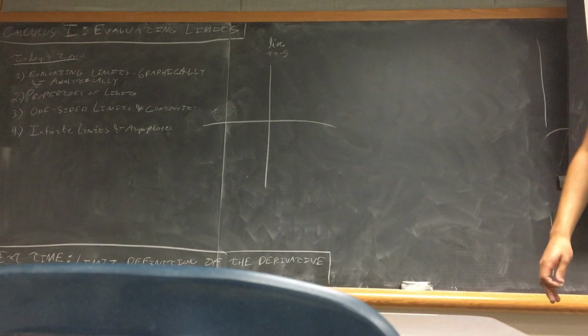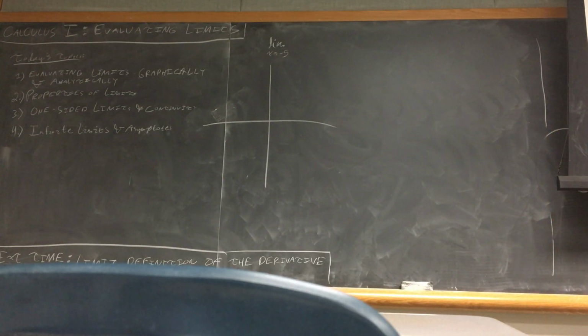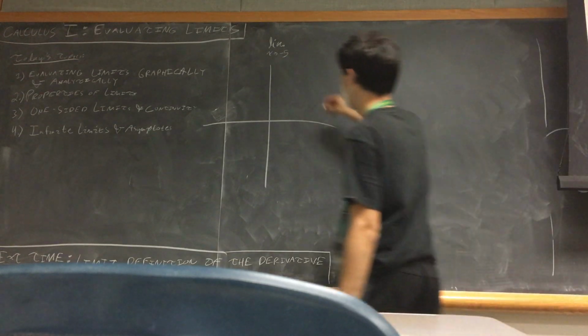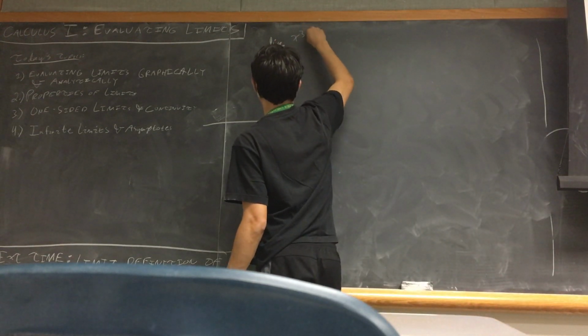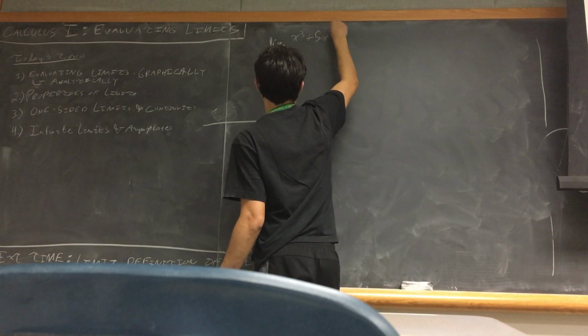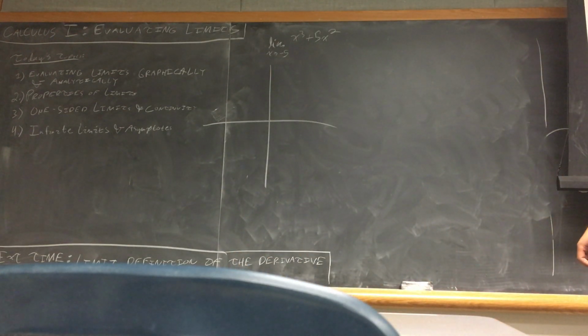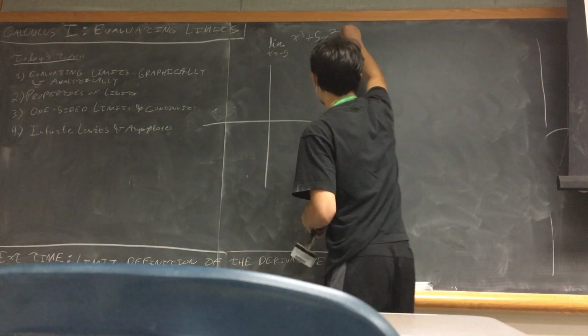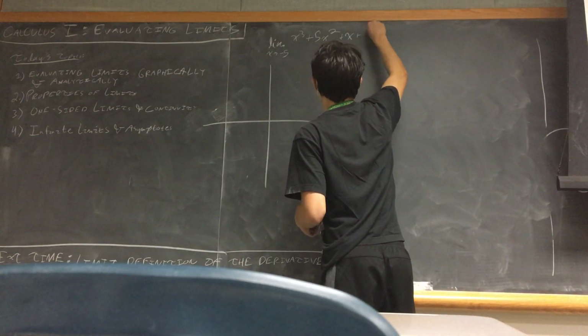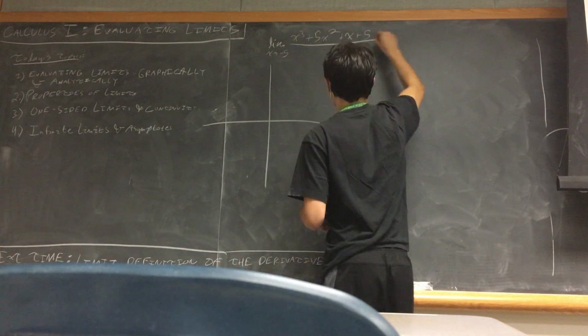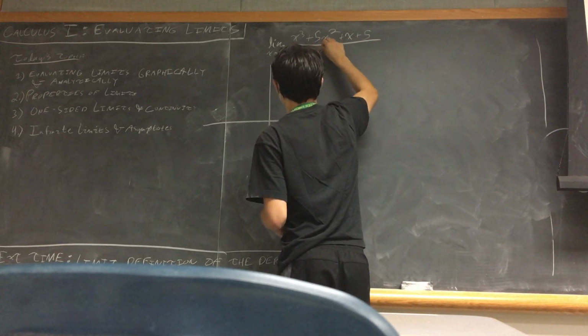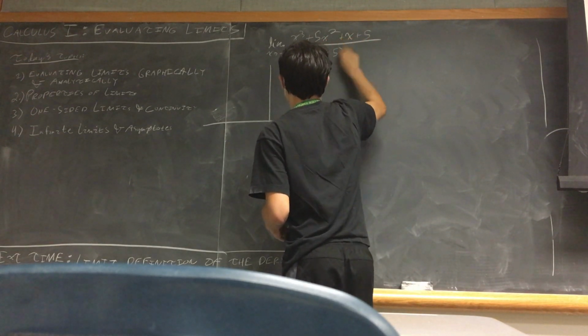I would definitely recommend doing that. The limit as x approaches -5 of x cubed plus 5x squared plus x plus 5, all over x plus 5.